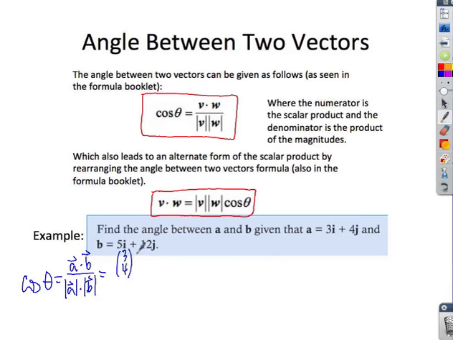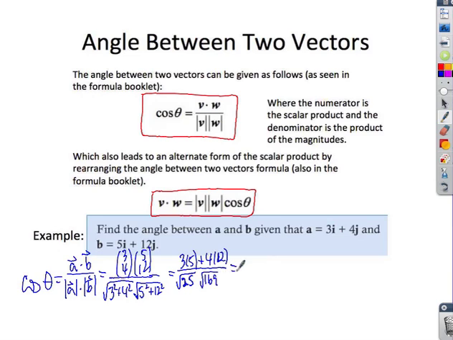It'll be (3, 4) and (5, 12), over the magnitude of each of those, so the root of 3 squared plus 4 squared, times the root of 5 squared plus 12 squared. So on top, we have the product 3 times 5 plus 4 times 12. On the bottom, this is root 25 times the root of 169.